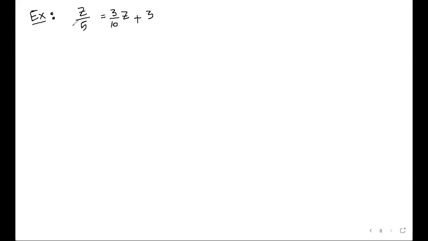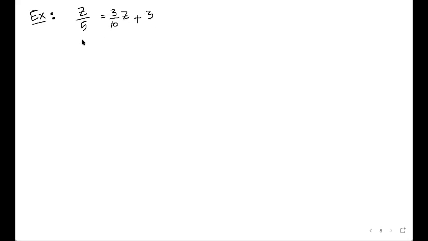So again, this is linear. Is it linear? Look at the exponent for the variable z. Here it is 1, and here it is 1. What does that mean? Yes, it is linear.